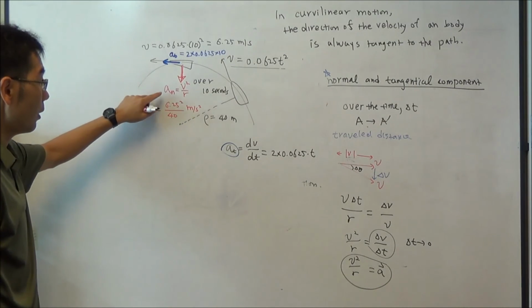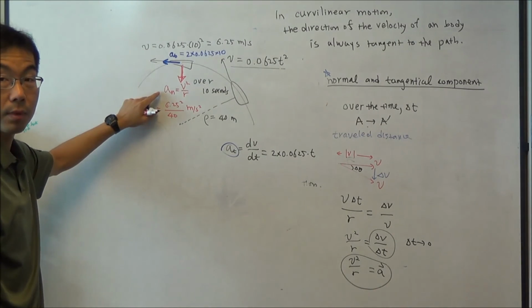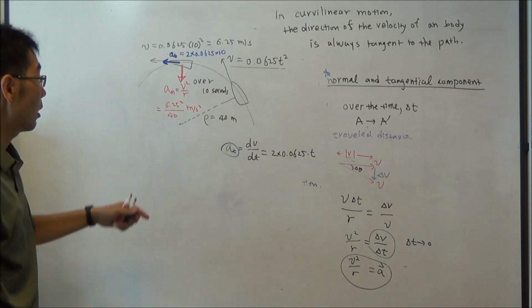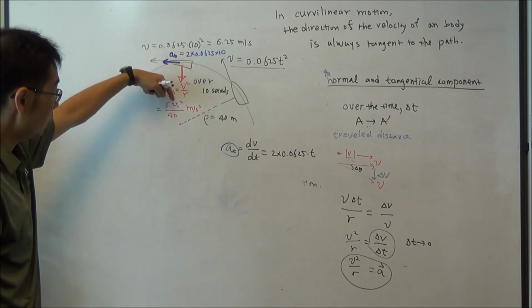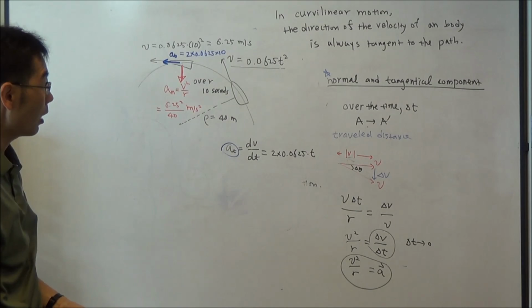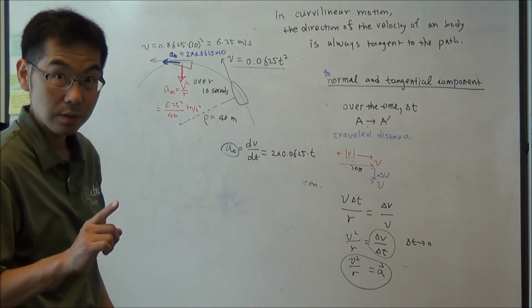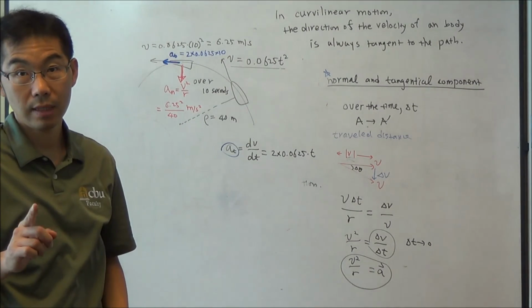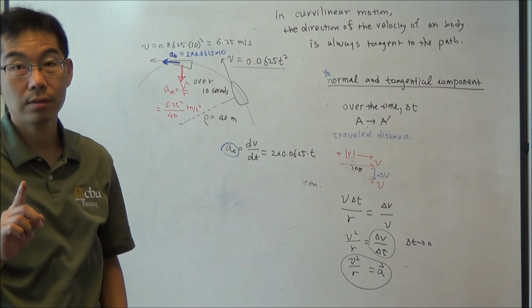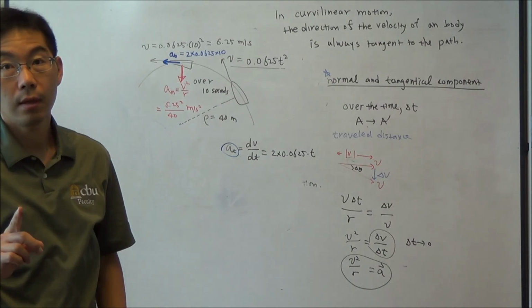Let's think about the physical meaning of the normal component of acceleration. Why is the acceleration pointing down? Because acceleration is the time rate of change of the velocity, and the velocity is a vector.